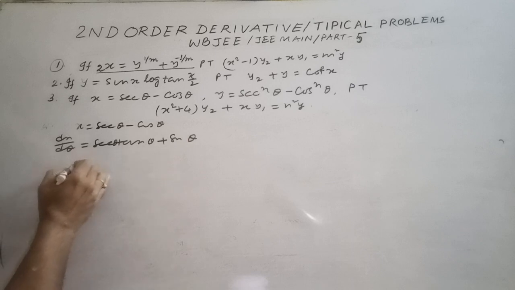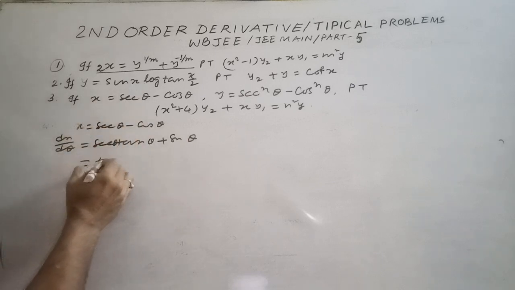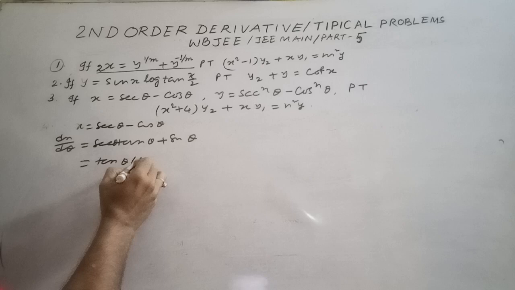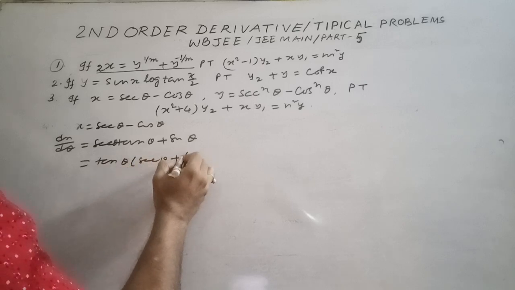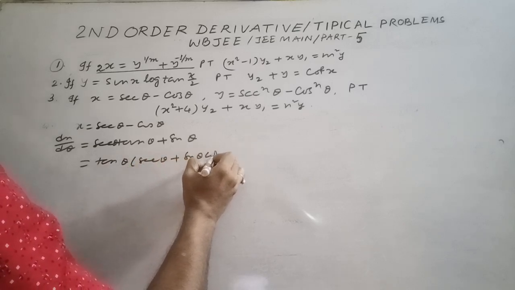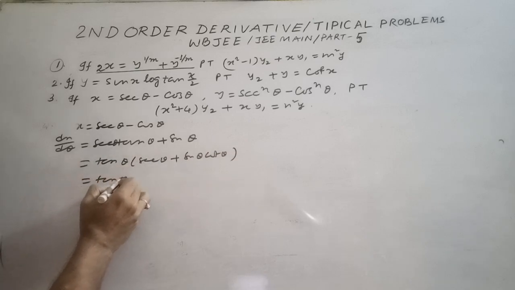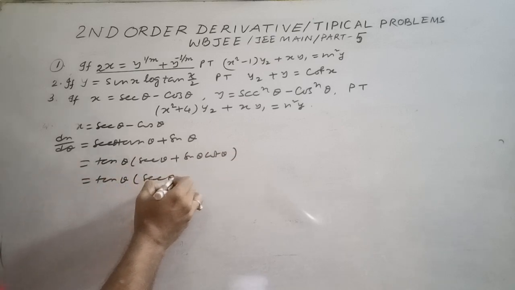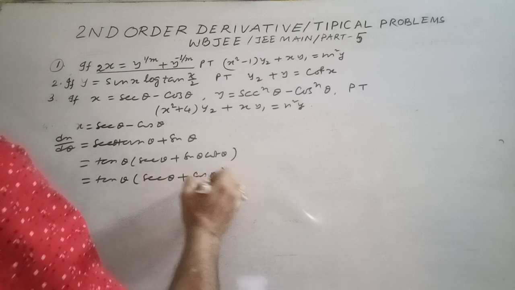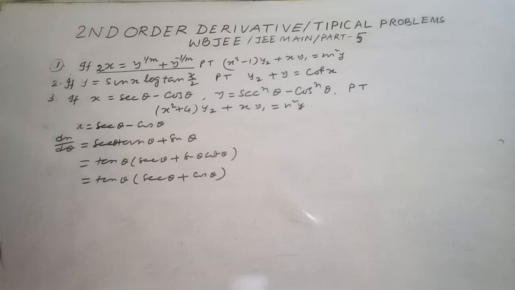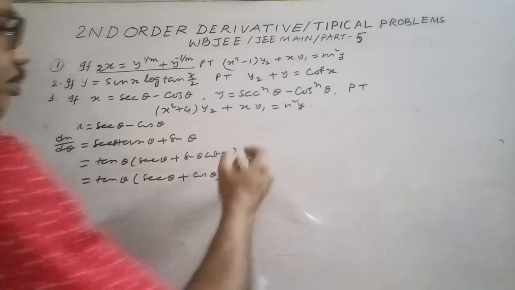So tan theta is common: tan theta into (sec theta plus cos theta), because sin theta equals tan theta into cos theta.